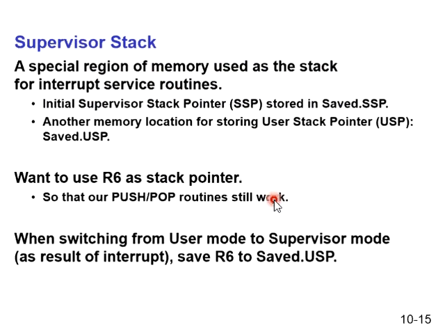And we have some pointers we need to store when we go to an interrupt subroutine. That is the supervisor stack pointer, and we use Saved SSP to store it. And we use Saved USP for storing the user stack pointer. And of course, we need to save that pointer because we have to return after having done the interrupt routine.